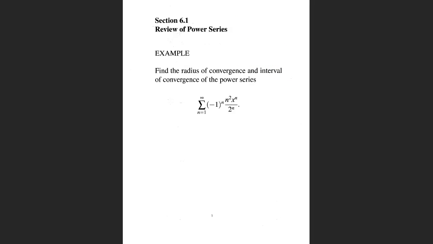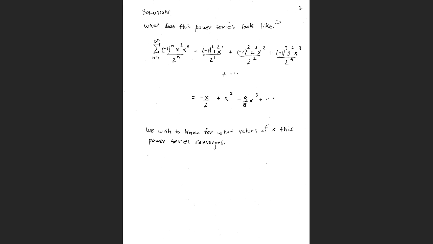Okay. Well, all right. So again, just to make things a little more clean for you, this is not actually part of finding the interval of convergence, but the power series is a sum of terms.